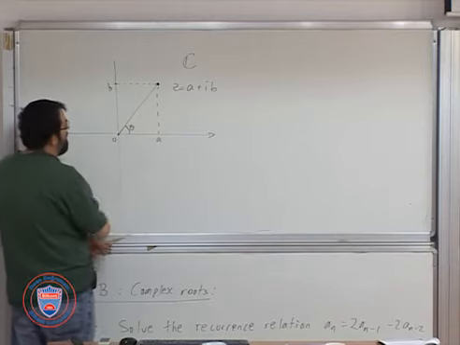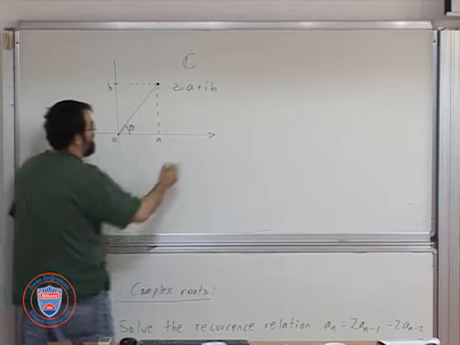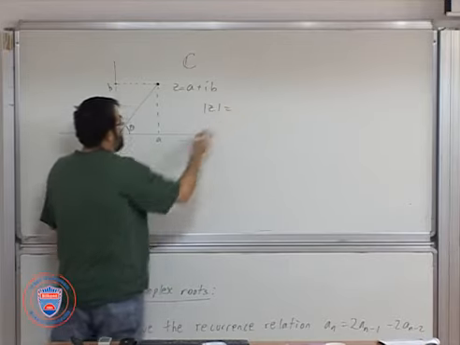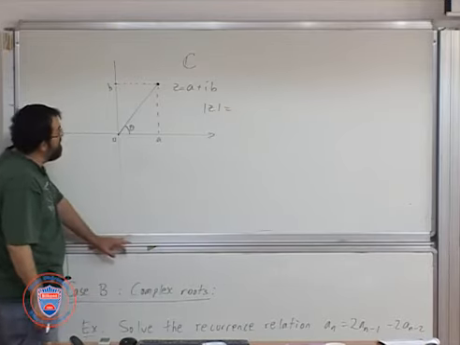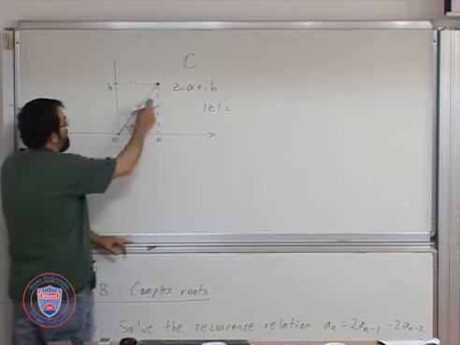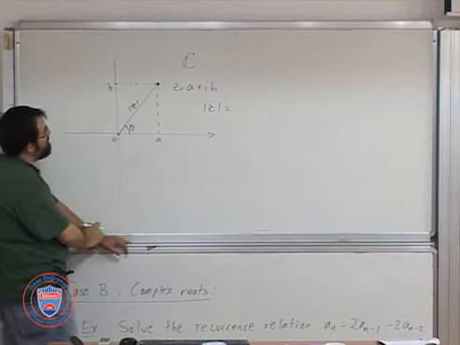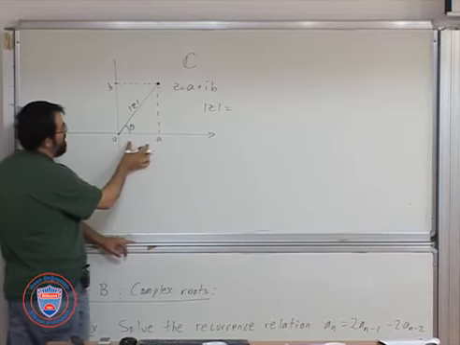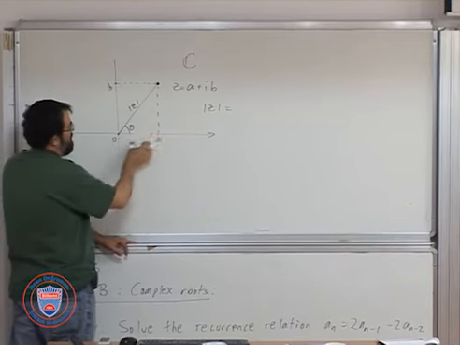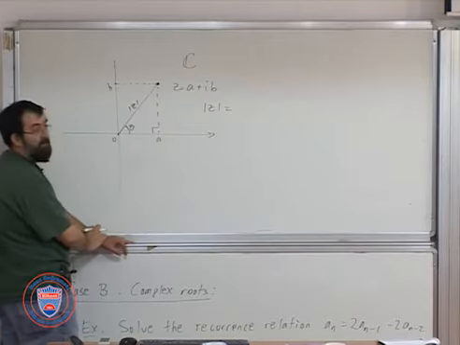The distance to 0 is easy to calculate and is usually called the modulus, like the norm of this complex number. The distance between z and 0 is just the sum of the squares of these two distances, in square root, because it's a right angle.